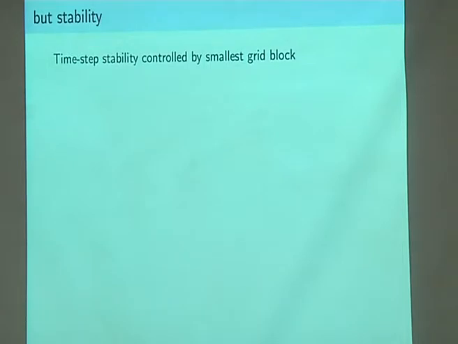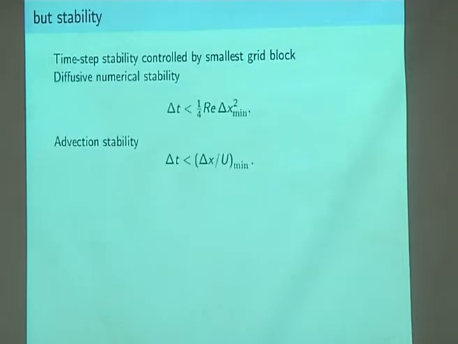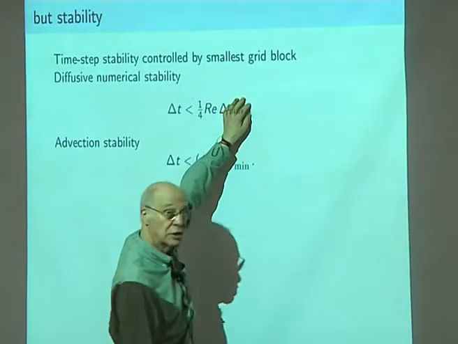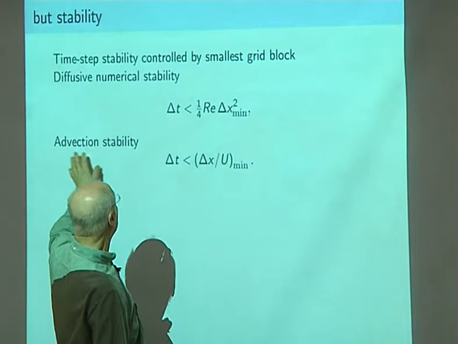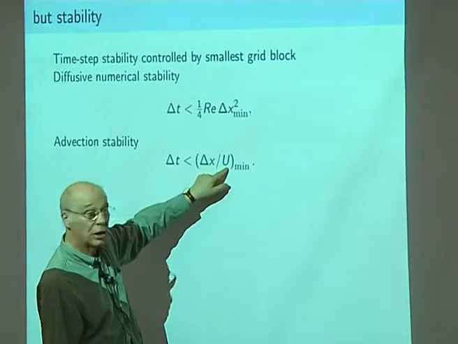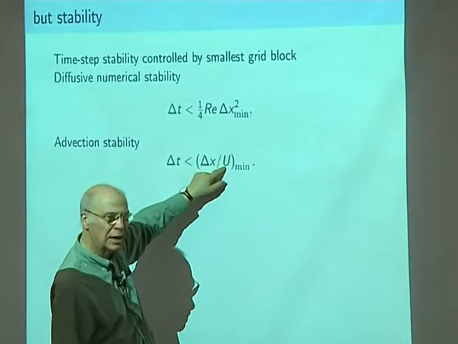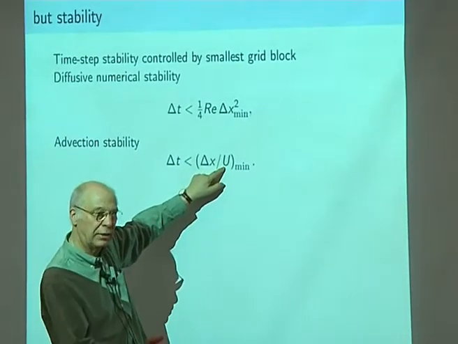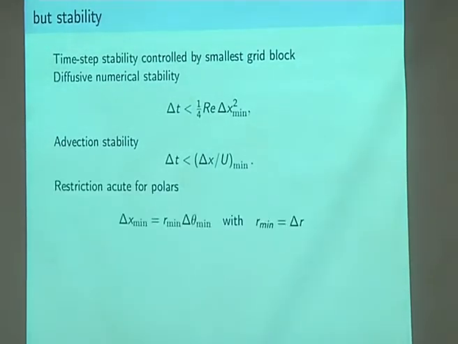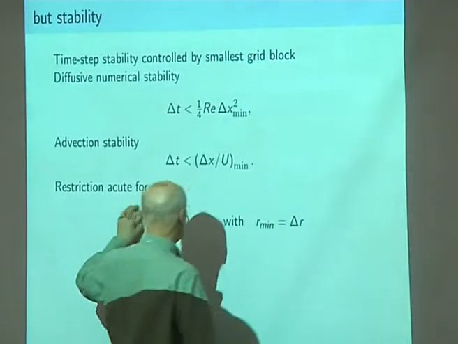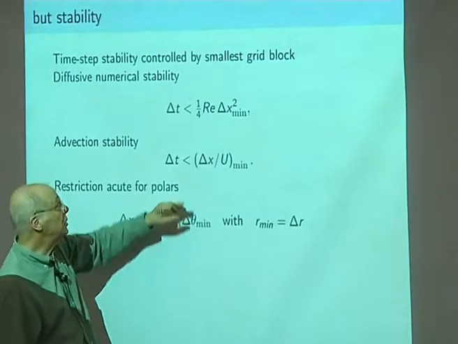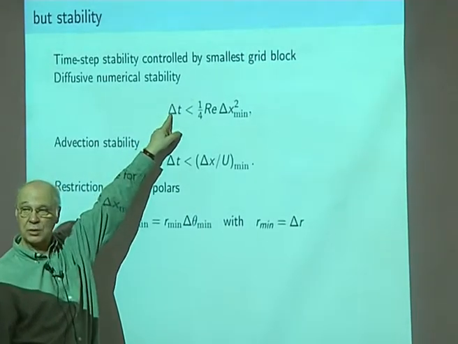And we had constraints on our time stepping that the time step had to be less than a quarter times delta x squared. Delta x squared minimum, we have to worry about the smallest x and the largest u, or the smallest x divided by the biggest u in that area. But the smallest x, delta x, is this r minimum, which is delta r times delta theta. So we suddenly get pushed to a very small time step.